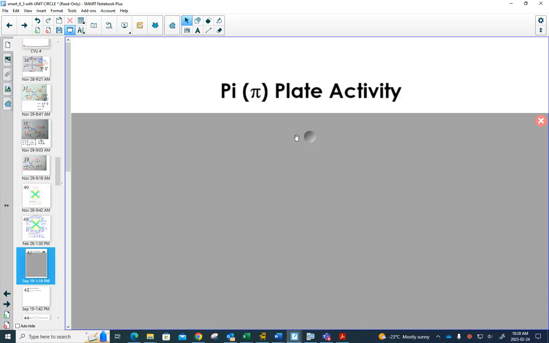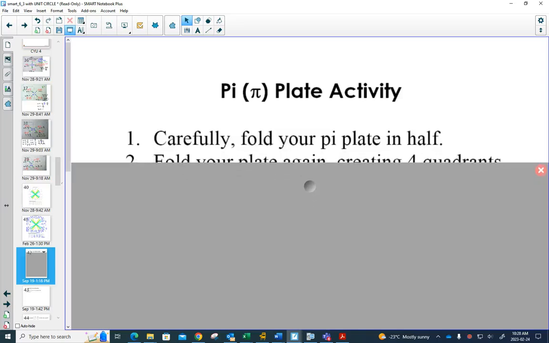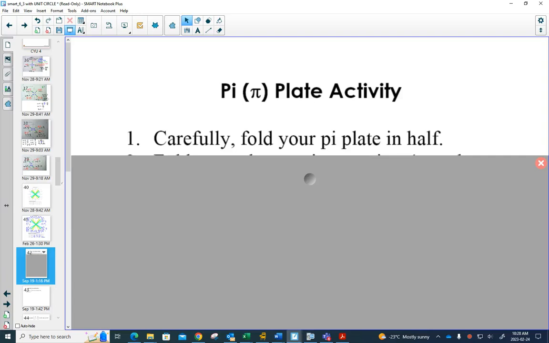So the first thing we are going to do with our paper plates, and the first place that you can screw up if you're not careful, is carefully folding in half. When you carefully fold something in half with a paper plate, you want the edges to match up. Yeah, it's a little bit stiff, yes.